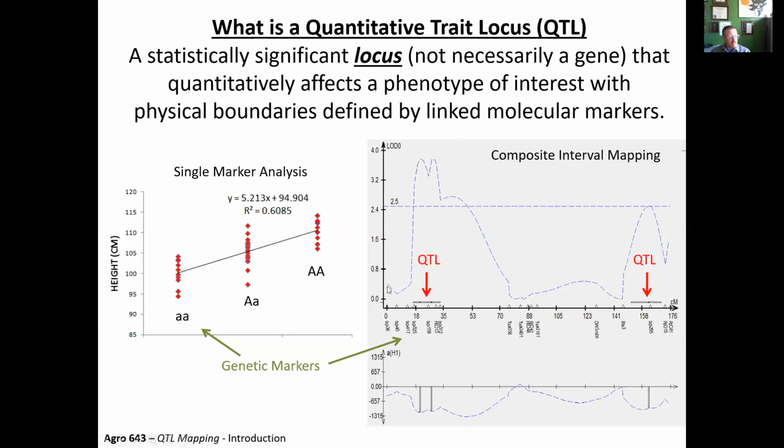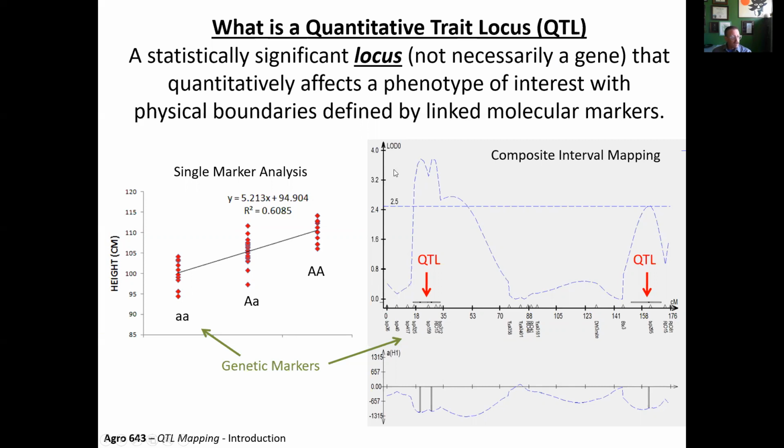There's a marker here at this position, and this is actually real data from my PhD in sorghum. We can see the effect of this marker here, and then it goes down a little bit for this marker, and then up a little bit for this marker, and that's just noise.